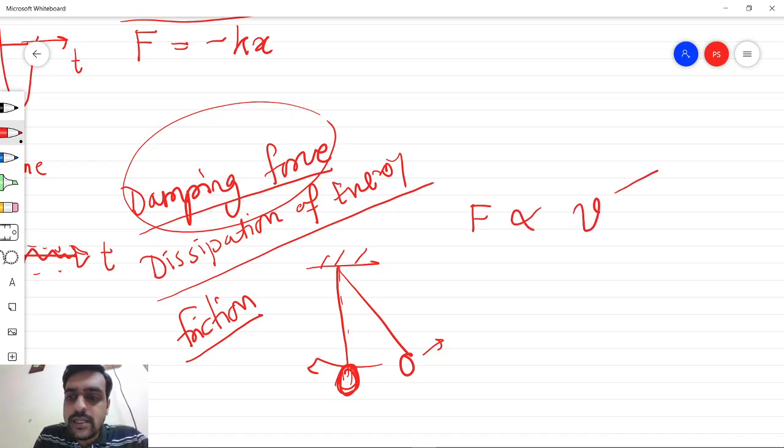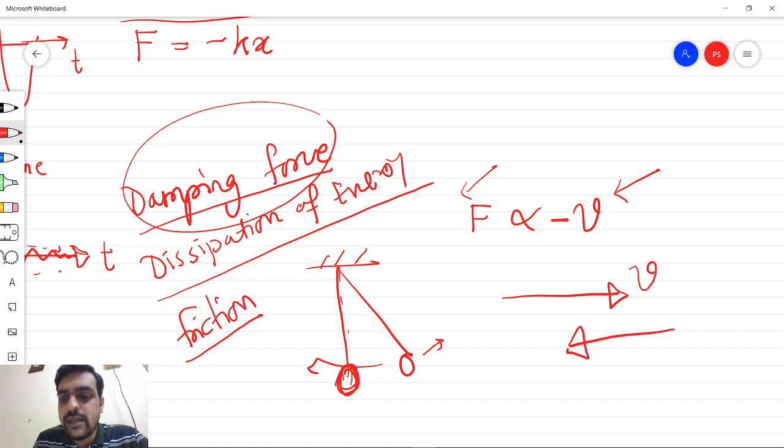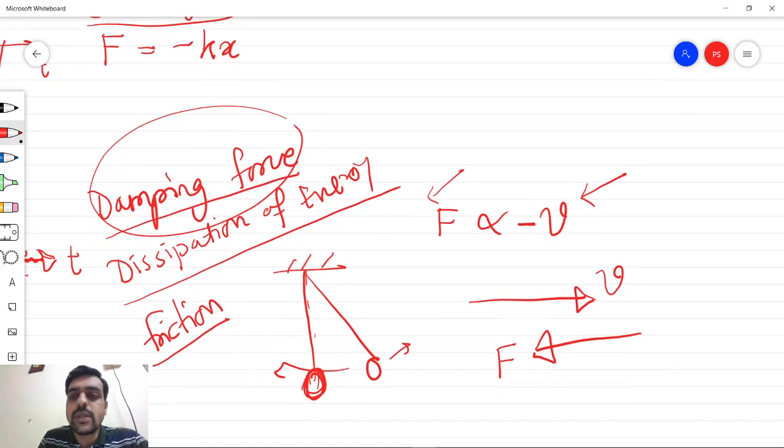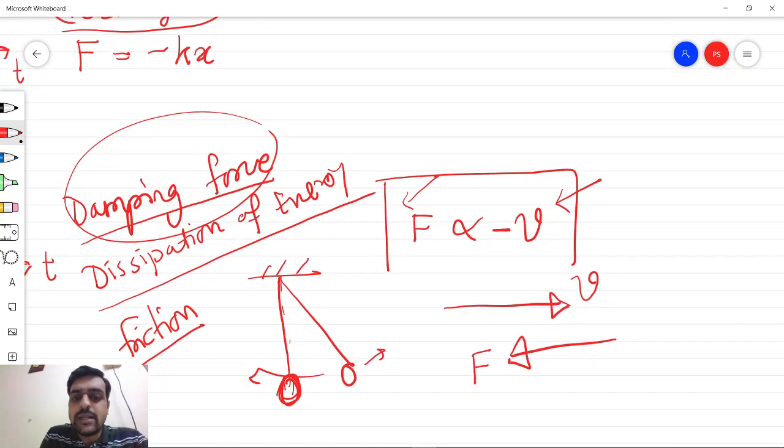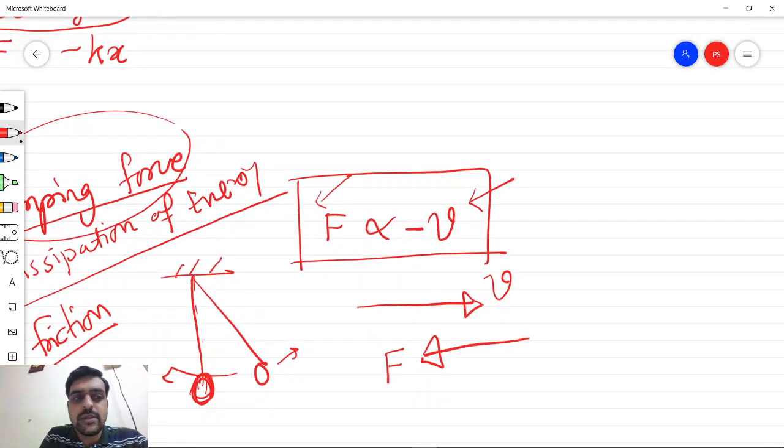That is, the larger the speed, the larger the damping force. Further, this damping force is directed opposite to the velocity. That is, if an object is moving in the positive x direction, since the damping force opposes the motion, it has to be directed opposite to v. So this is the typical nature of damping force.